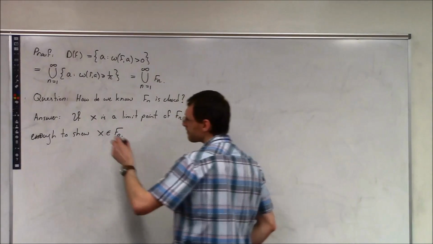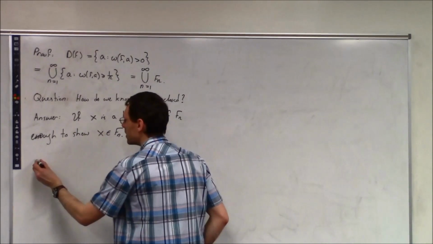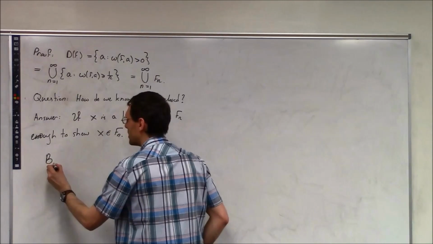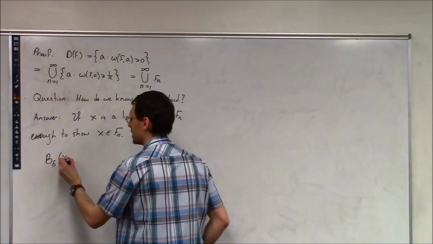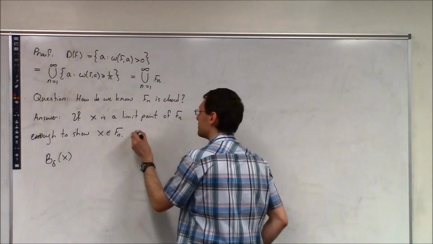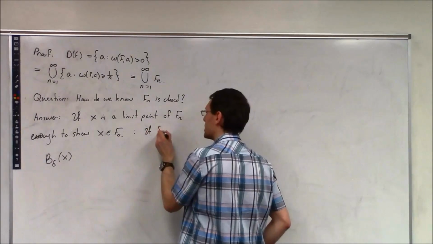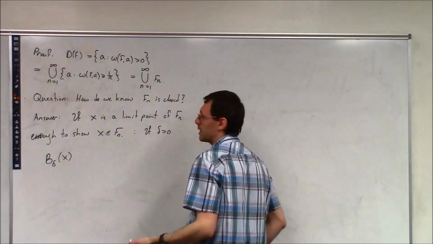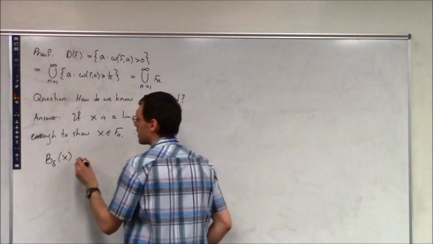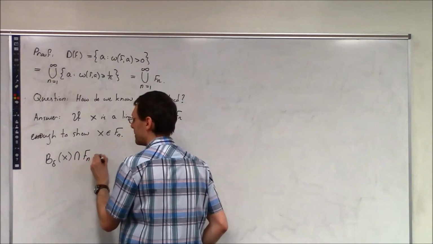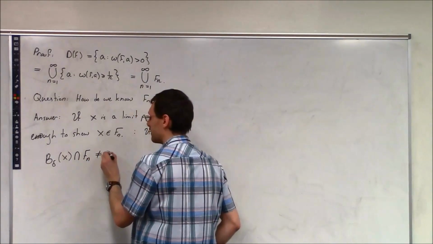What we can do is select any ball of radius delta centered at x. So if delta is bigger than 0, pick any ball of radius delta centered at x. Now, this ball intersection Fn is not empty.